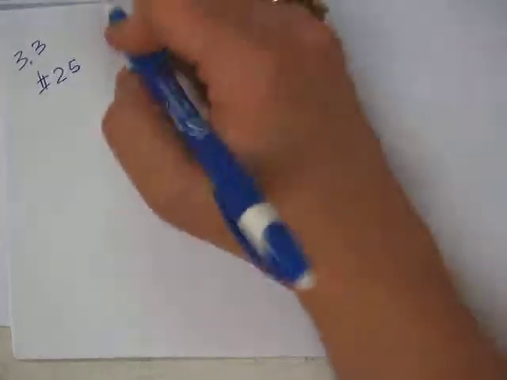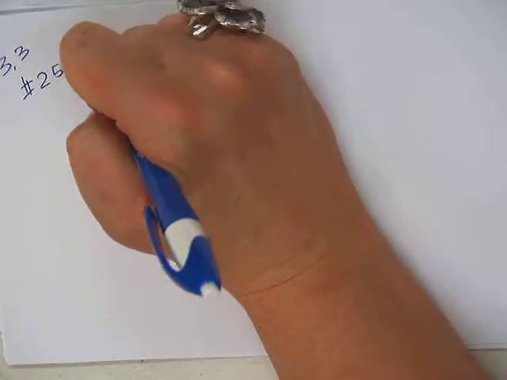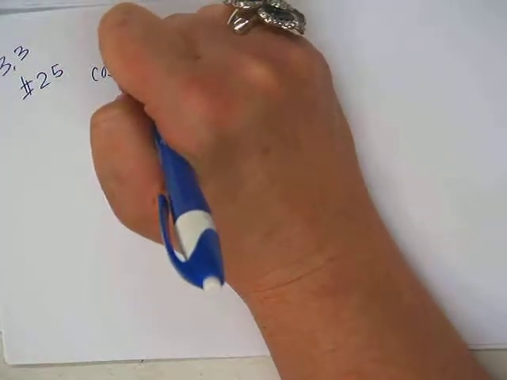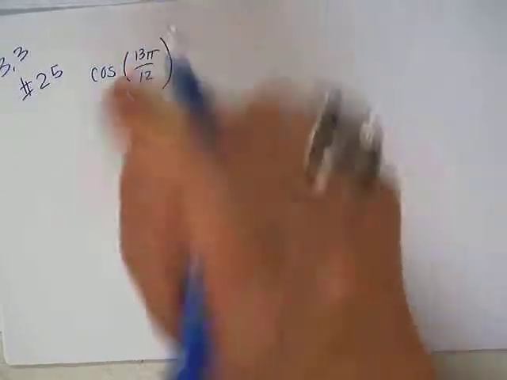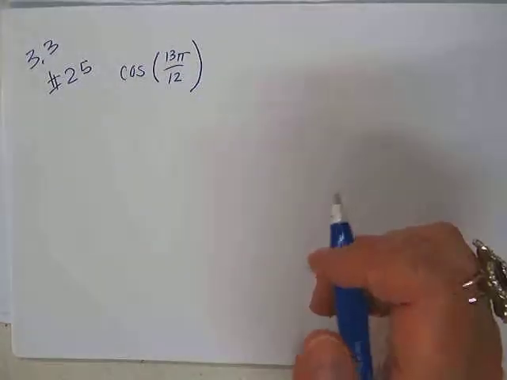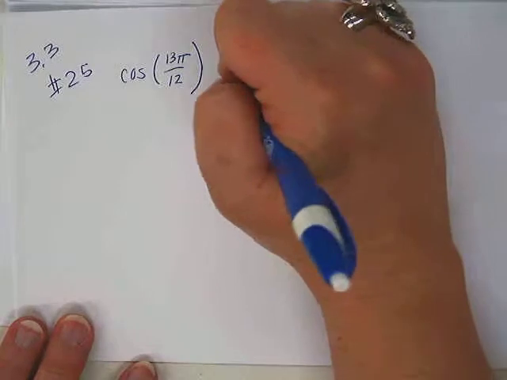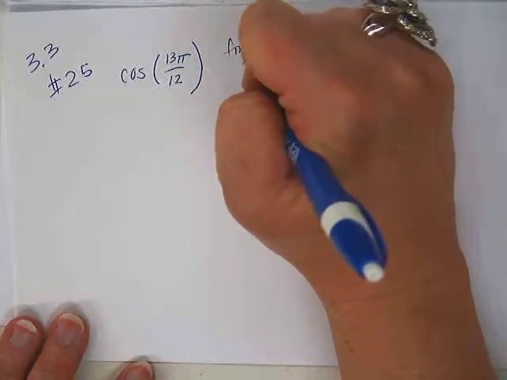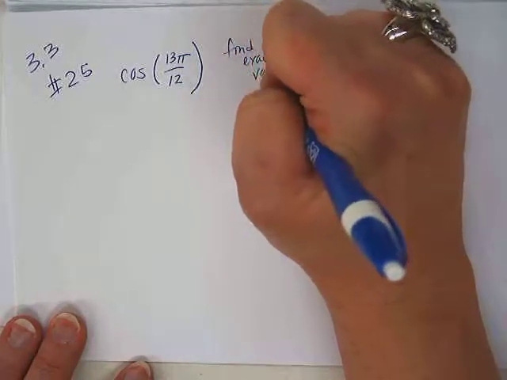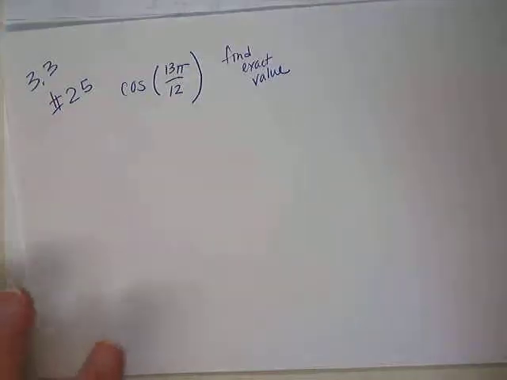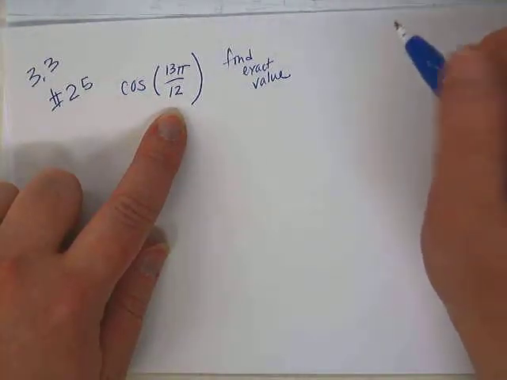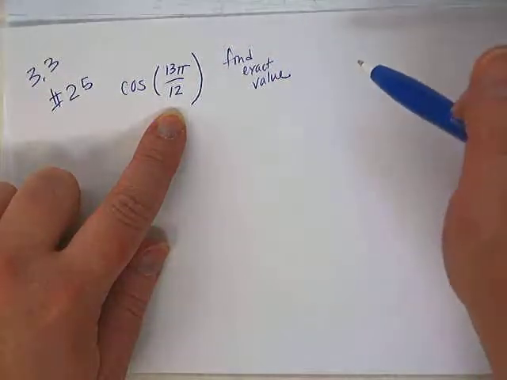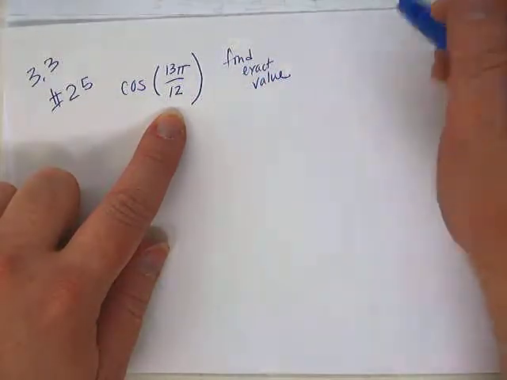Cosine of 13 pi 12ths, and we're trying to find the exact value, right? Remember, there are certain numbers we already know the exact values of that we could break this into.